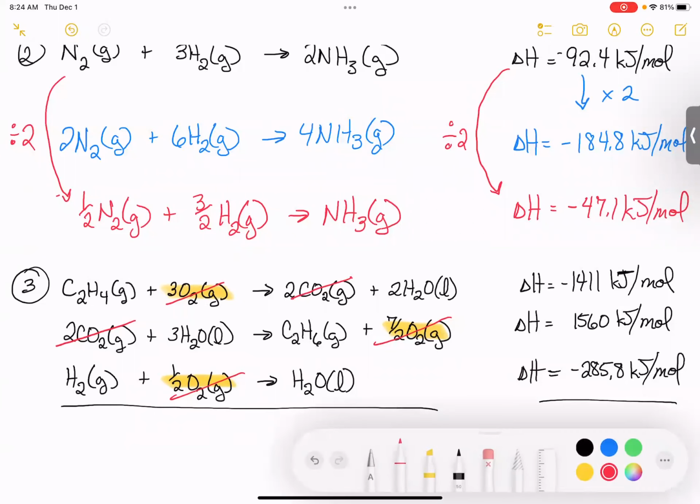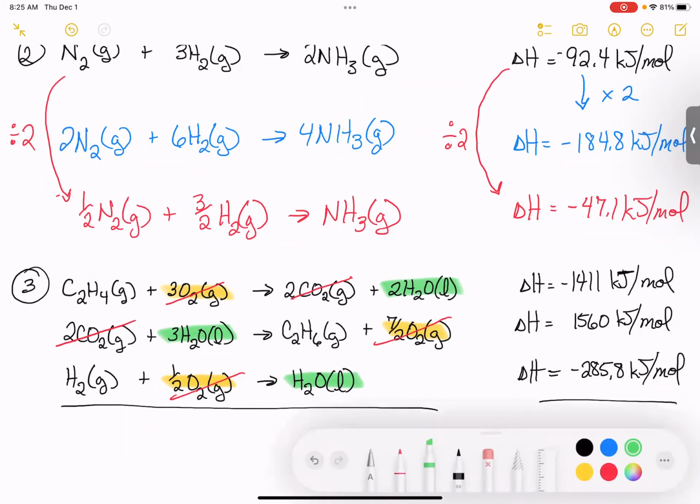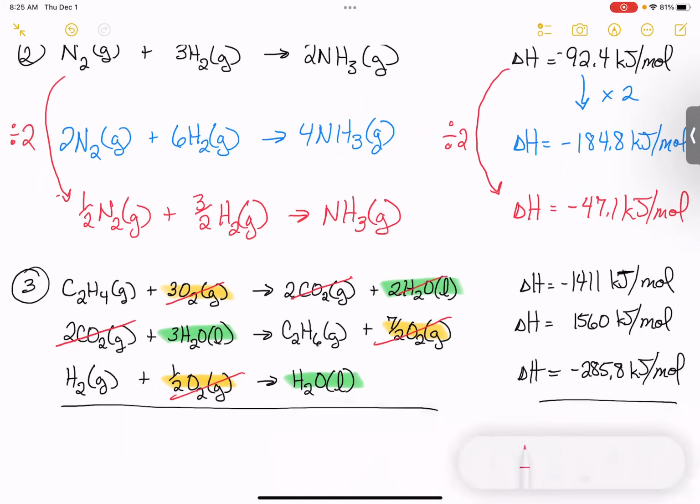I'm sorry, I keep saying reactant, I meant product. I have 2 H2O liquid from the first reaction on the product side. I have 1 H2O liquid from the third reaction on the product side, making a total of 3 H2O liquids. I also have 3 H2O liquids on the reactant side. So that is going to cancel out.